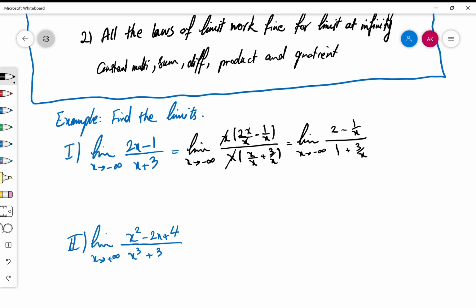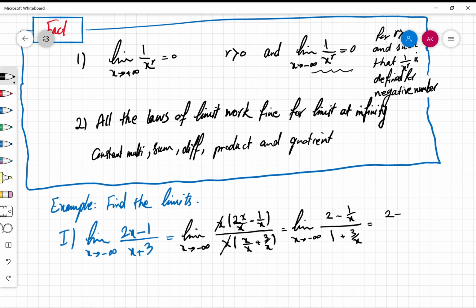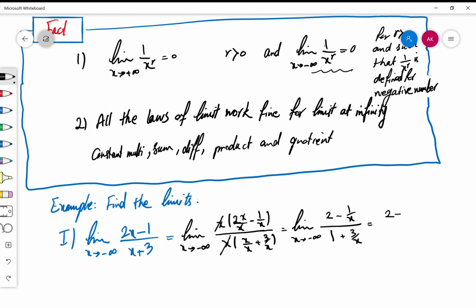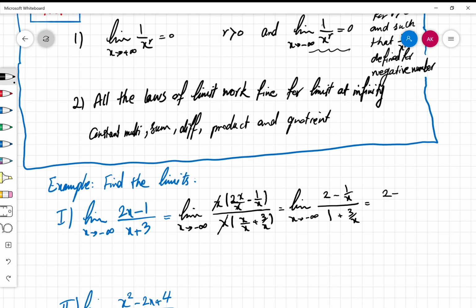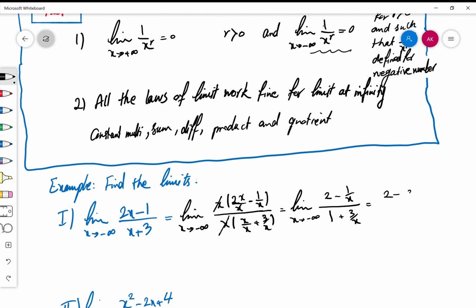Now, this is the limit of a constant, always constant, minus limit of 1 over x. Remember the fact we said: 1 over x to the power of any positive number, here x to the power 1, goes to 0 as x goes to plus infinity or negative infinity.